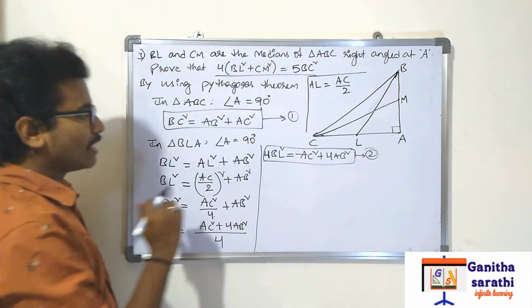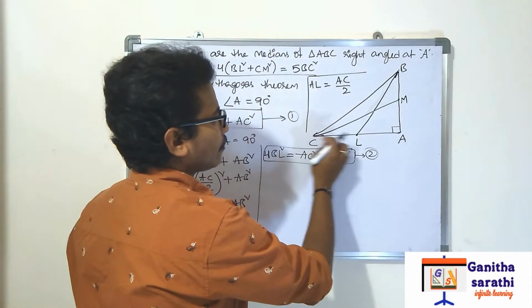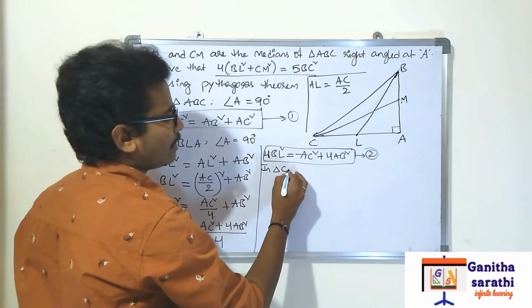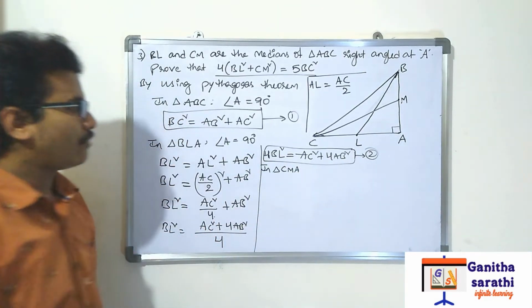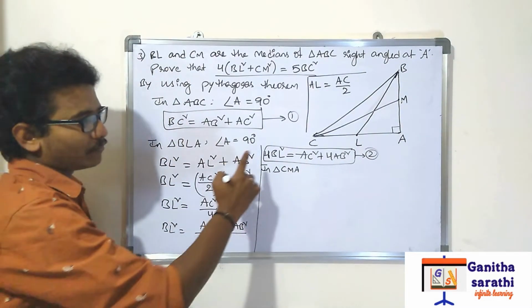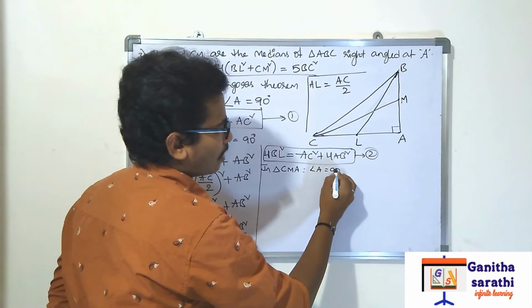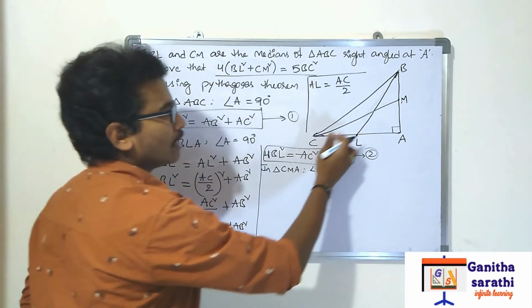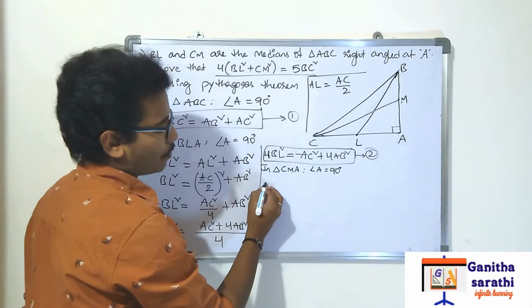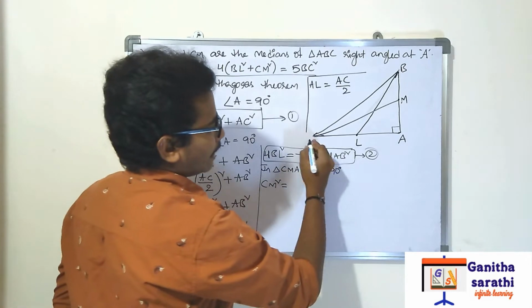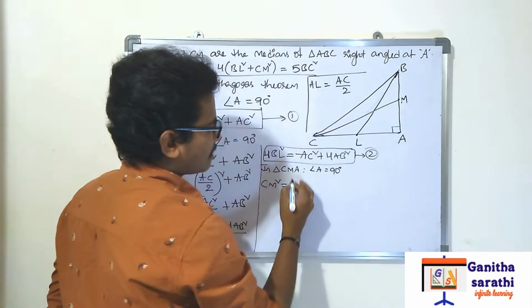Now, in the same way, I am taking triangle CMA. In triangle CMA, angle A is 90 degrees, that is confirmed. What will be the hypotenuse? CM will be the hypotenuse, right? CM square is equal to AC square plus AM square.